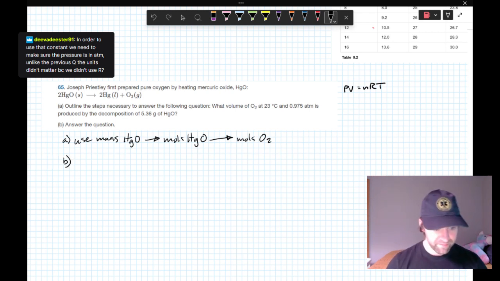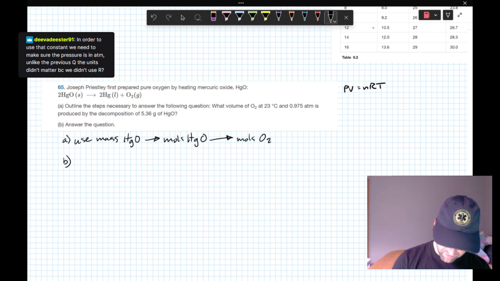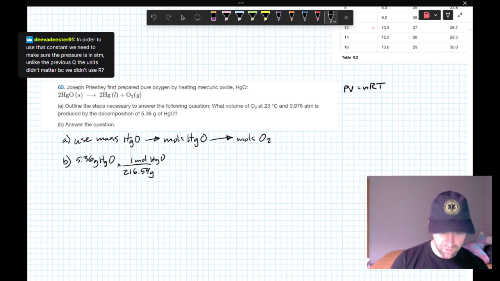Answer the question. We're given 5.36 grams of mercuric oxide, and the molar mass is 216.59 grams per mole.